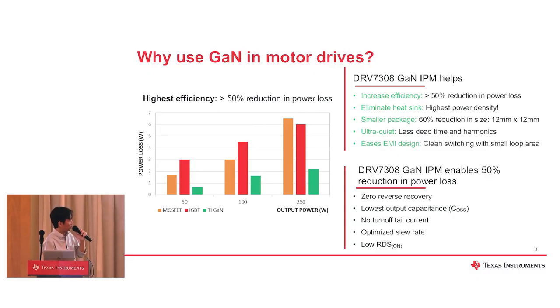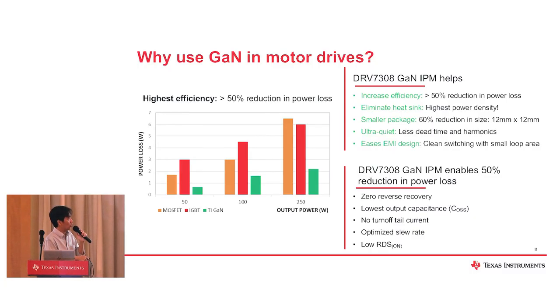So this is why this GaN IPM helps reduce the power loss, because it offers zero reverse recovery. This is one of the pain points with the MOSFET, right? The MOSFET needs to recover, so you need to wait for the MOSFET to recover before you move to the next switching cycle.